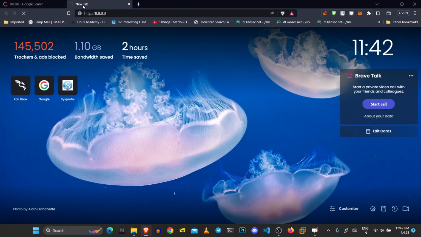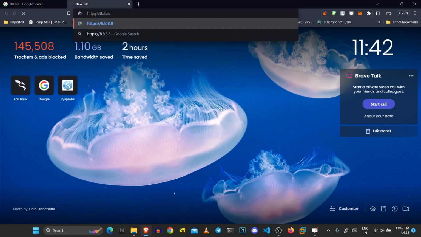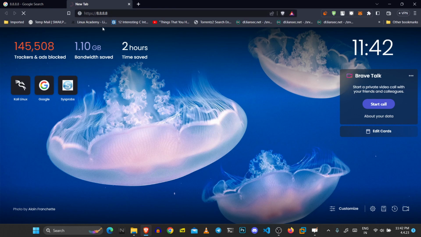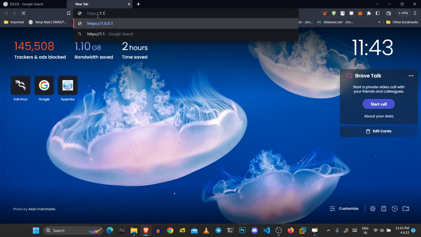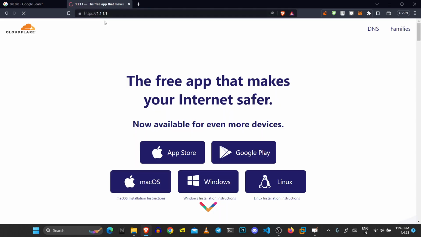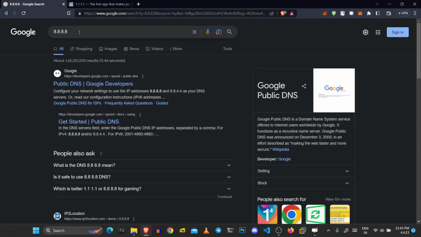Yeah, it's Google public DNS, but I don't know why it's not loading. Let's try another address. Yeah, 1.1.1.1 works. It's the Cloudflare IP address, so it loads. Maybe my firewall is blocking direct access to Google DNS. So that's how it works.